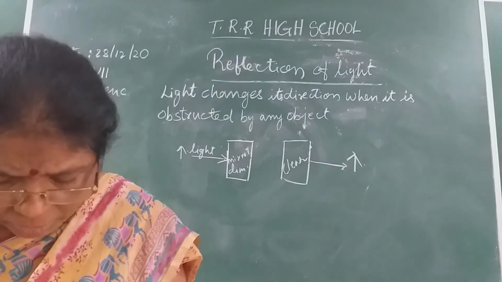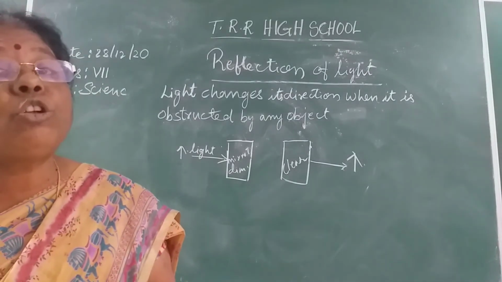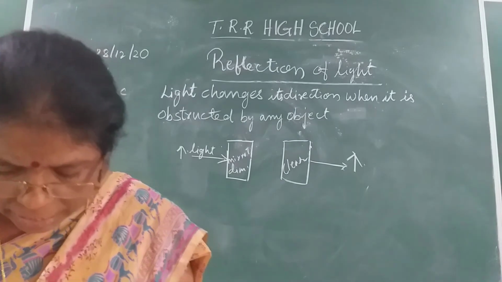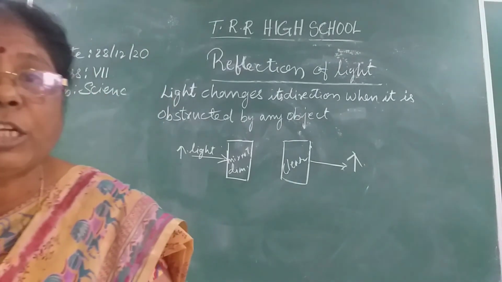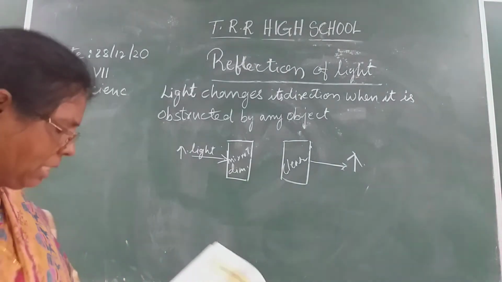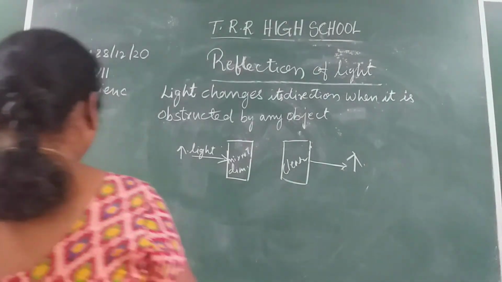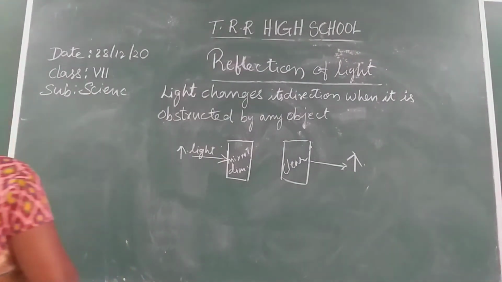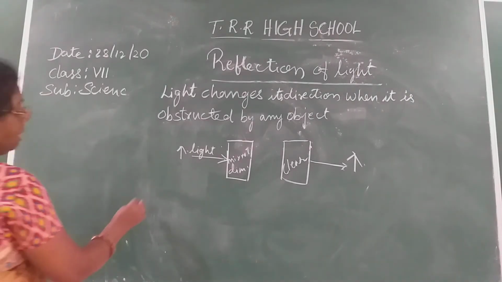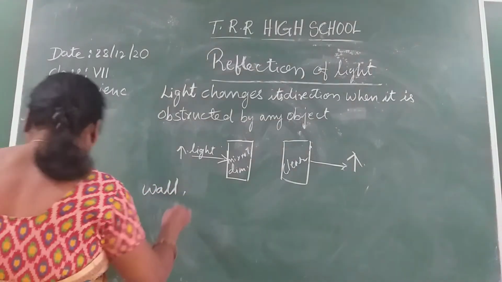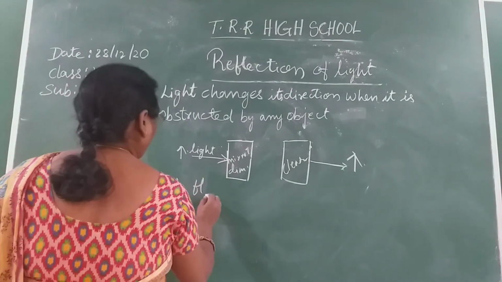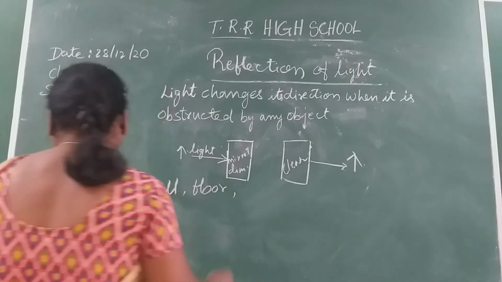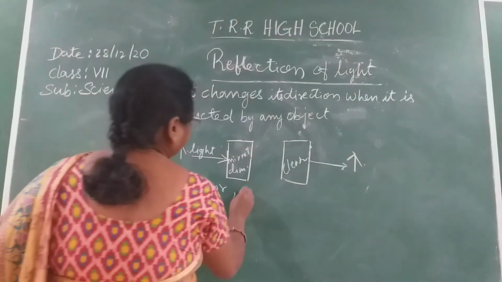How is it possible? Due to multiple reflection of sunlight from surfaces like the wall, floor, ceiling, etc.